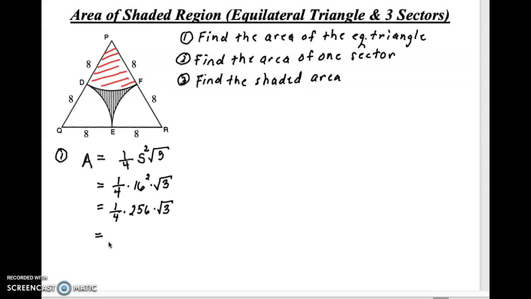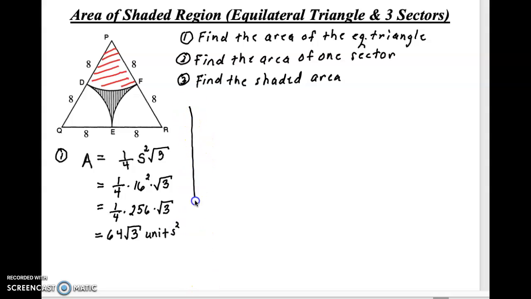So 0.25 times 256 is 64. And the √3 just comes along for the ride. We're not going to multiply those two together to get a decimal, because then it's not exact. So we know the area of the equilateral triangle is 64 √3 square units.